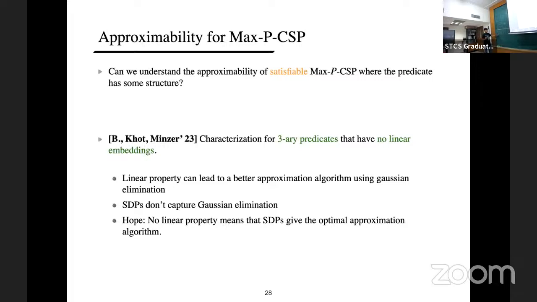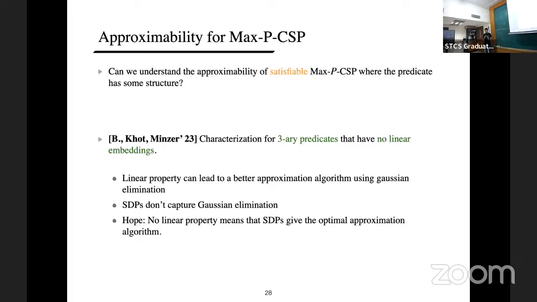But if the instance is satisfiable, you can actually do Gaussian elimination to find a satisfying assignment. But even there, SDPs can't do much, because you can find a 1/2 integrality gap instance. So the SDP would think that the instance is satisfiable, whereas the instance has only a half-satisfying assignment.